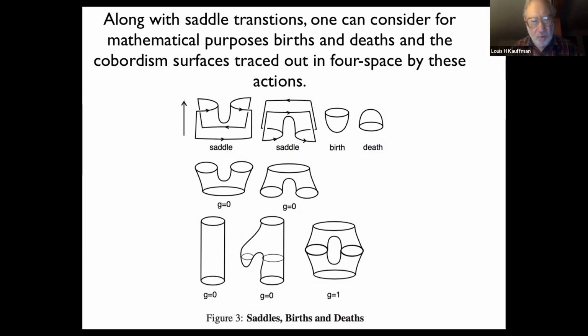But the more general cobordism, of course, allows births and deaths of circles, and we have a theory about that ever since Fox and Milnor, thinking about cobordisms of knots.